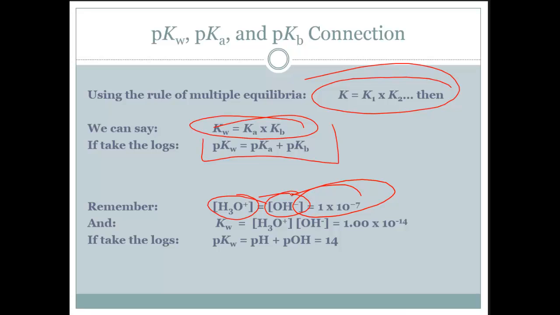That means if you multiply these numbers together, it comes out to be 1 times 10 to the negative 14. Well, the log value of this is 14. So that means pH plus pOH is 14. Remember, P is referring to that log.